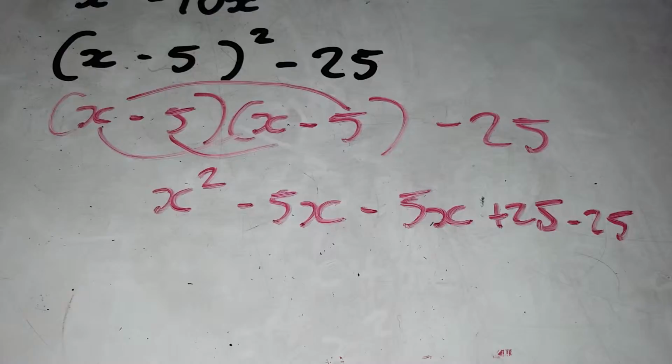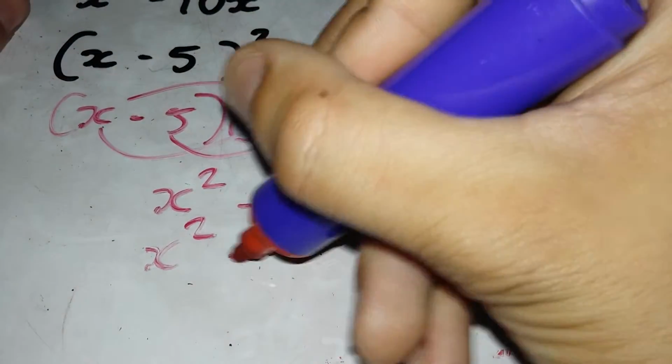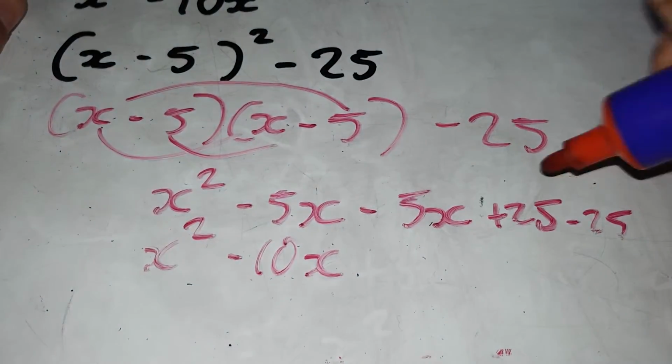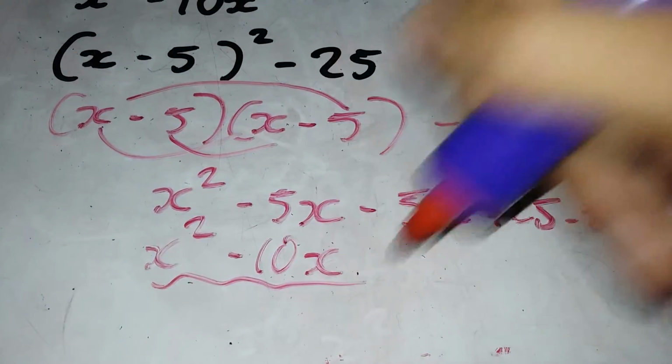So if I simplify this, we have x squared minus 10x, and 25 minus 25 is 0. So we're back to where we started.